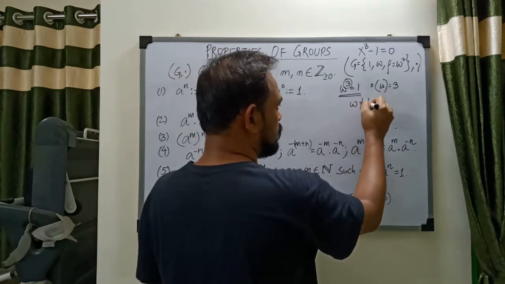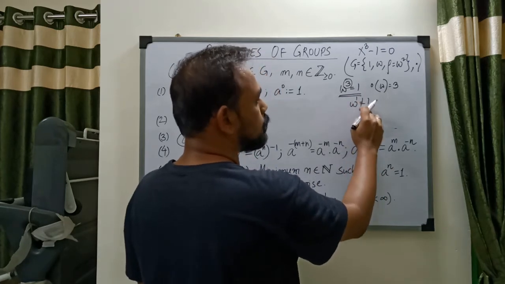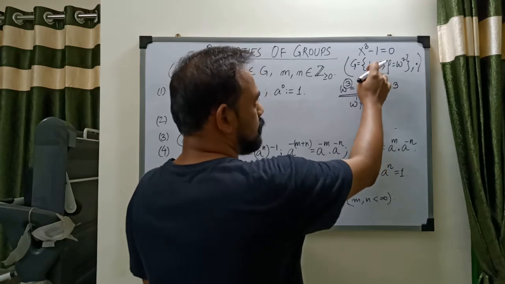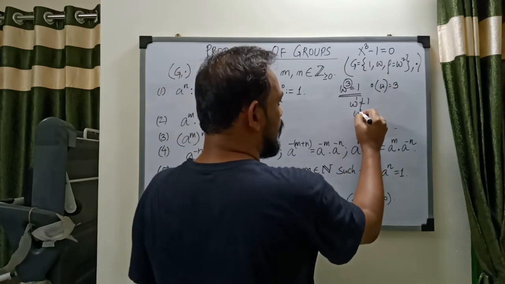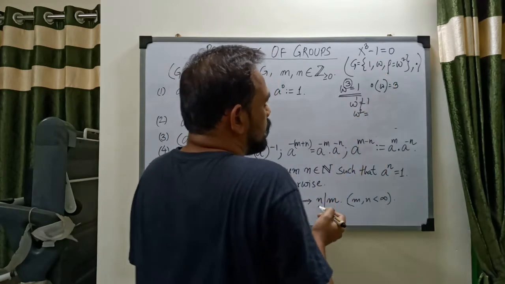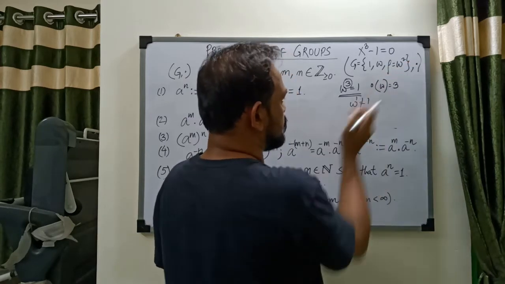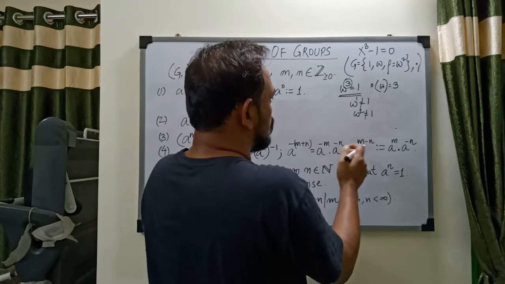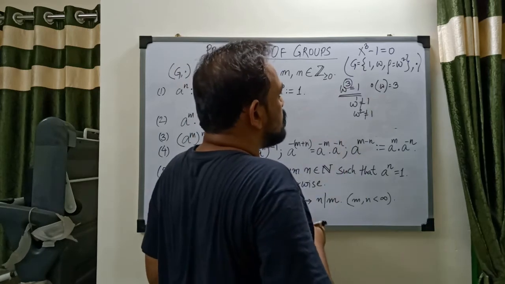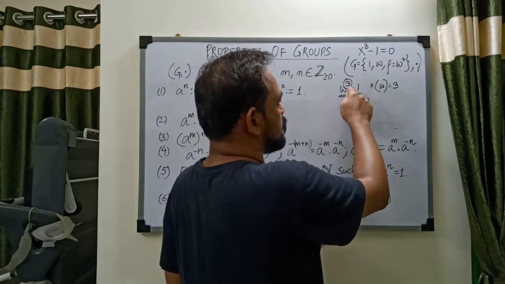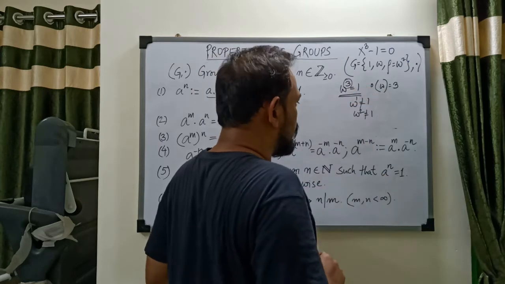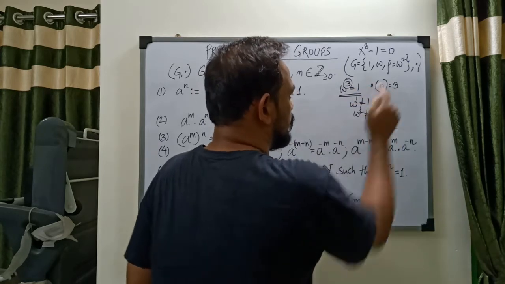Omega to the power 1 was not 1, because omega was different from 1. Omega square was also not 1, because omega square was something else. But omega cube turns out to be. So this really is the minimum positive integer which gives you 1, and therefore the order of omega is 3.